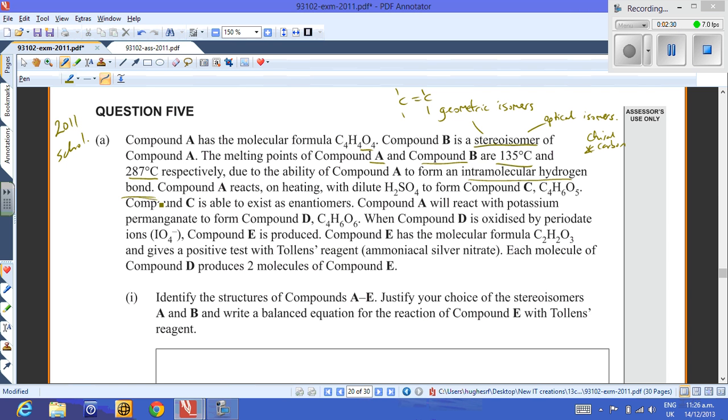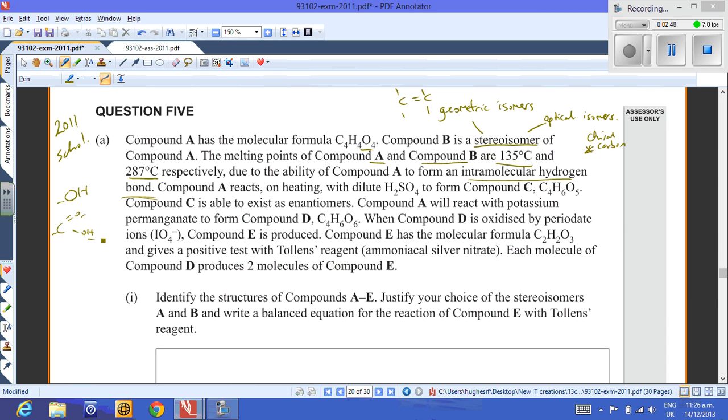And hydrogen bonding is possible if you have an OH group present, which could be just from a straight alcohol, or it could also be from the alcohol group on the carboxylic acid. So some hints building at this stage.